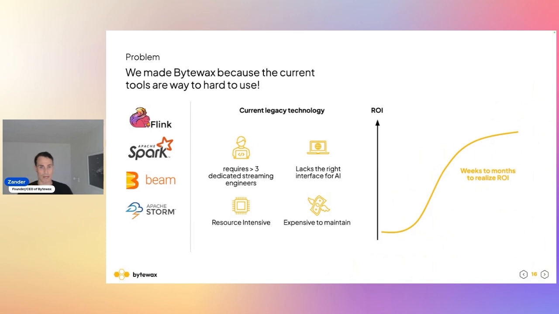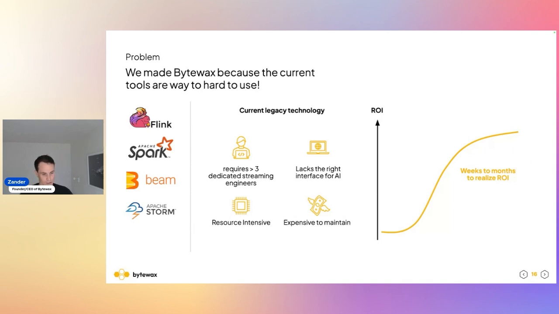So we made Bytewax because the current tools, if you're not familiar with Apache Flink, Spark, Beam, or Storm, Spark can be used in both streaming and batch use cases. Well, actually most of them can, but essentially these processing engines are just way too hard to use.